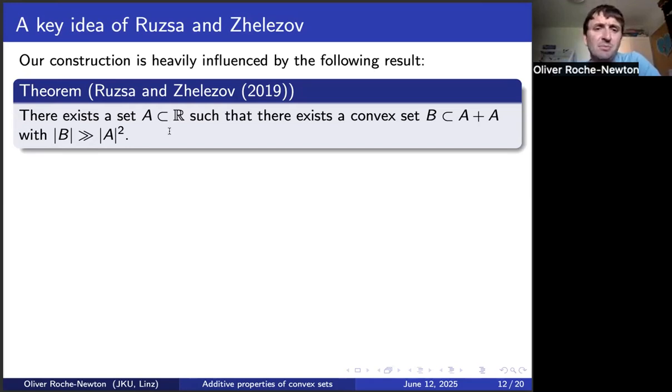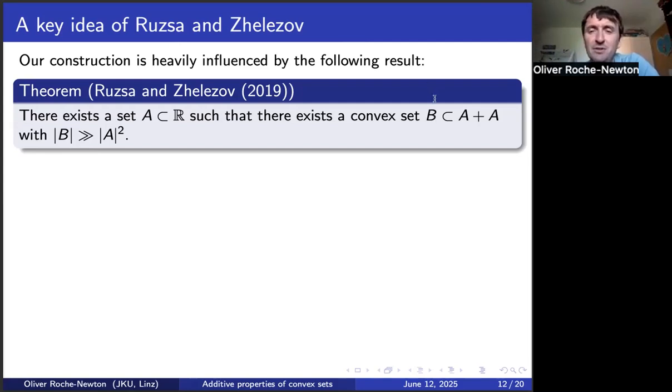There is some set A of reals such that there is a very large convex subset of its sum set. So we have a large convex set inside a sum set. And how large? Well, the size of B, this convex set, is as big as possible: B bigger than A squared. Now, this feels like it's telling us that there's additive structure inside a convex set.